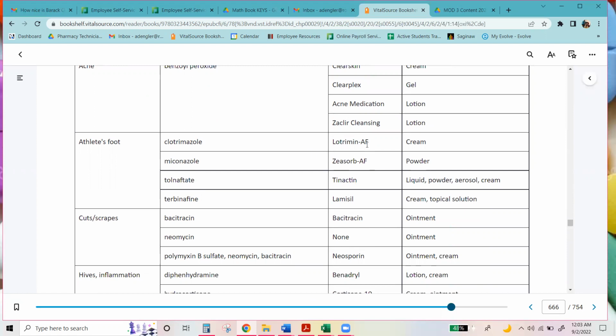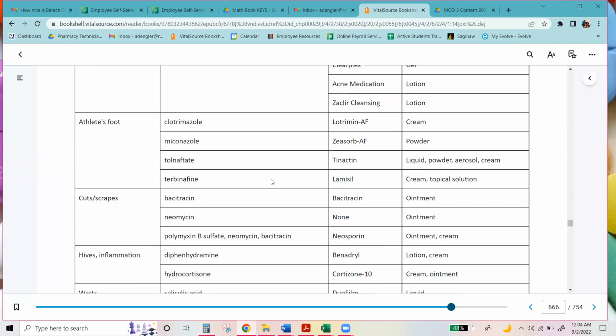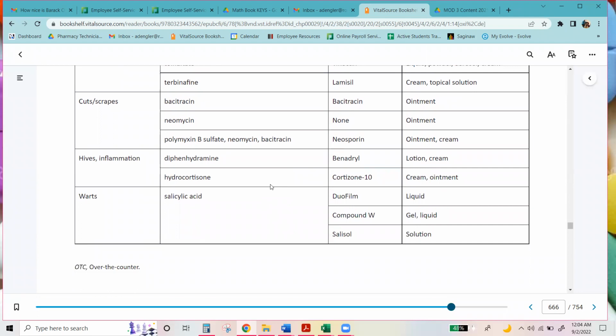Athlete's foot, we have Lotrimin, Lamisil, Tinactin, and others. Here are all their generic names. For cuts and scrapes, we have Neosporin, bacitracin, and neomycin. For hives and inflammation, Benadryl comes in a lotion or cream. Also, the tablets work for that as well.